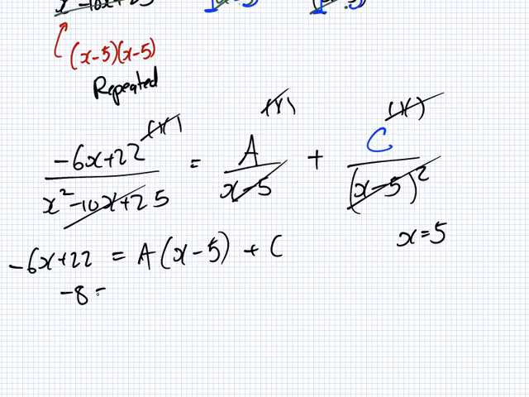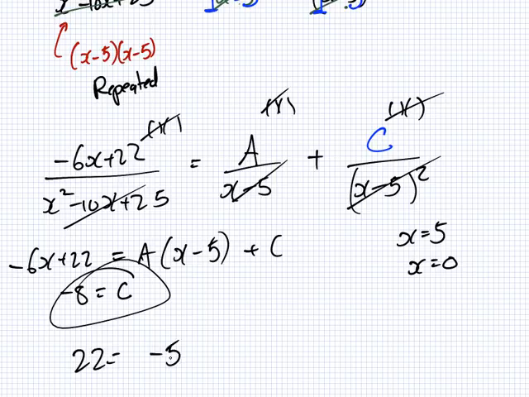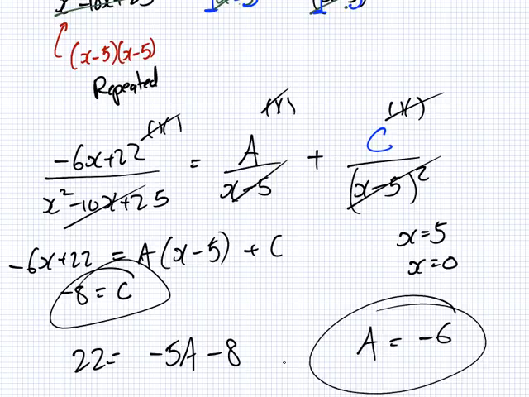Minus 8 equals c. And then next, it doesn't actually matter what we use next. We could use x equals 0, because then you get 22 equals minus 5a plus c, and we know c. So then a would be minus 6 when you solve it. So we have two answers here.